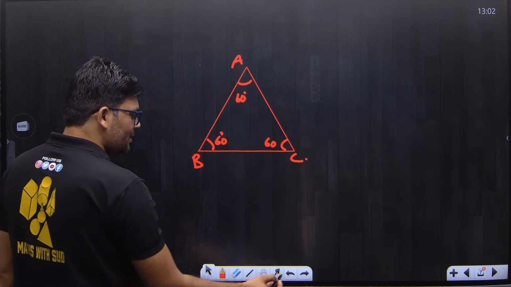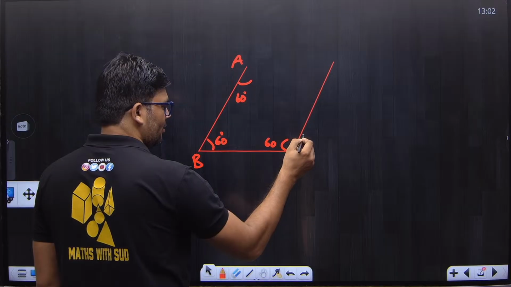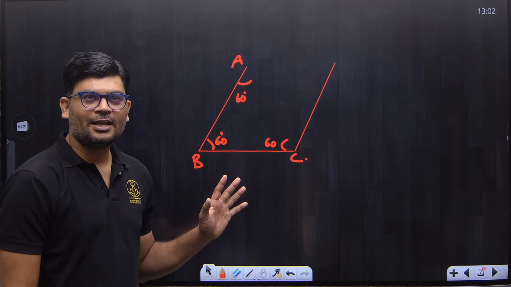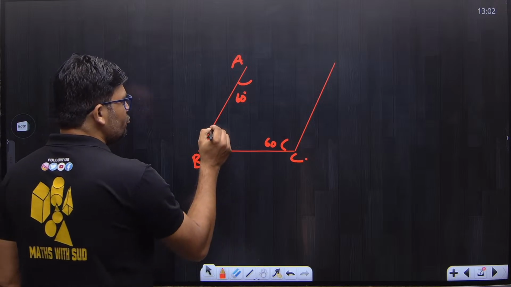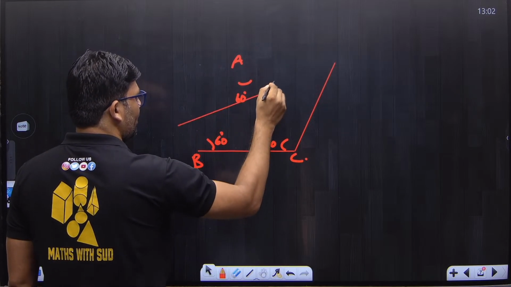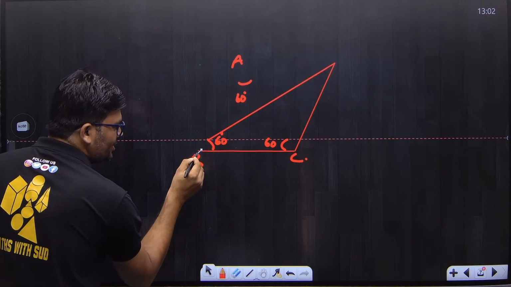What I am doing is I am just rotating this side. Now is this a triangle anymore? This is not a triangle anymore. But to make this a triangle, what I need to do is extend this side. Can you see I am extending this side?